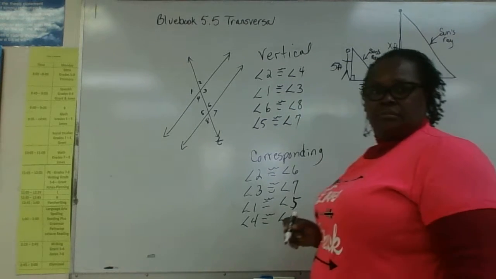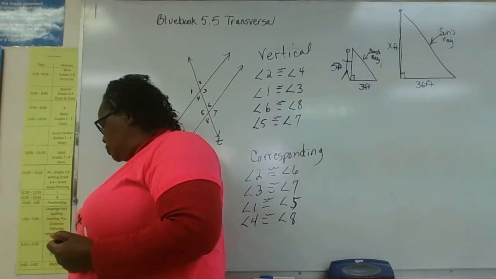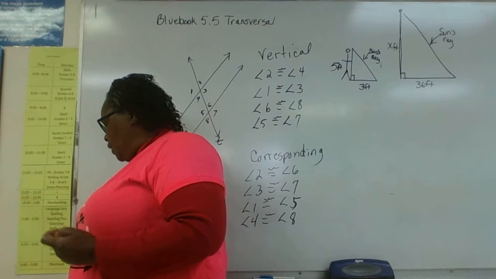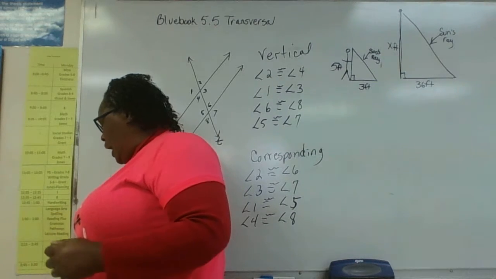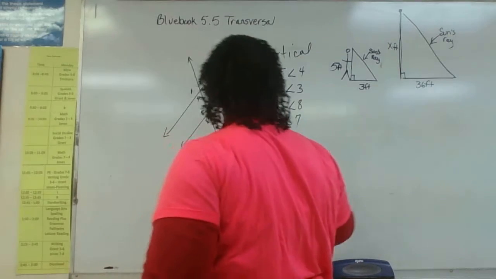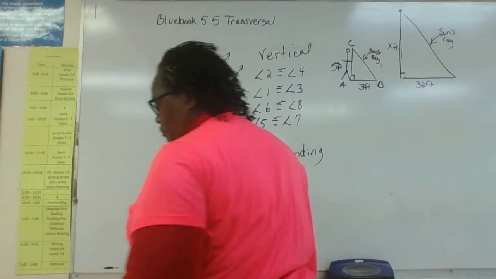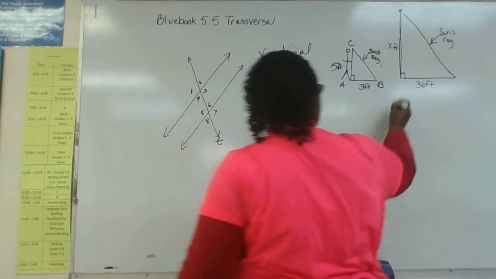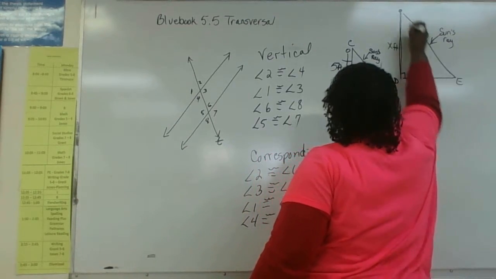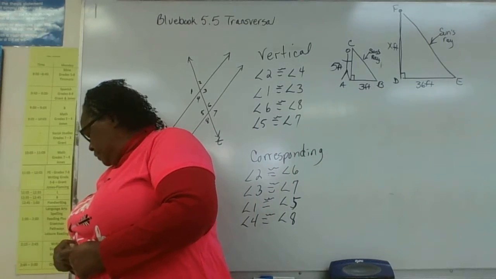All right? Here we go. It says, use the fact that two rays from the sun are parallel to explain why triangle ABC and triangle DEF are similar.